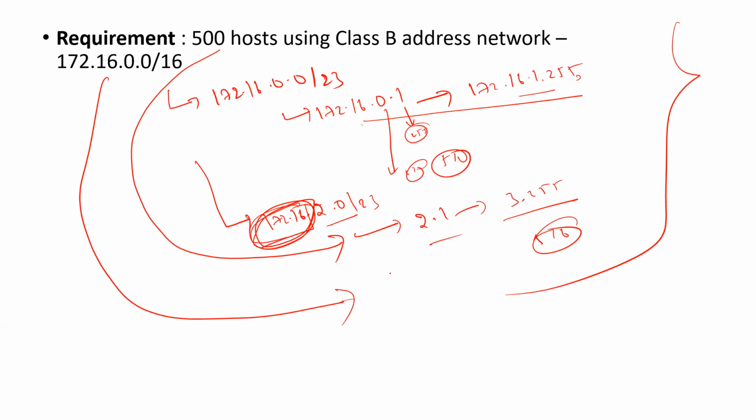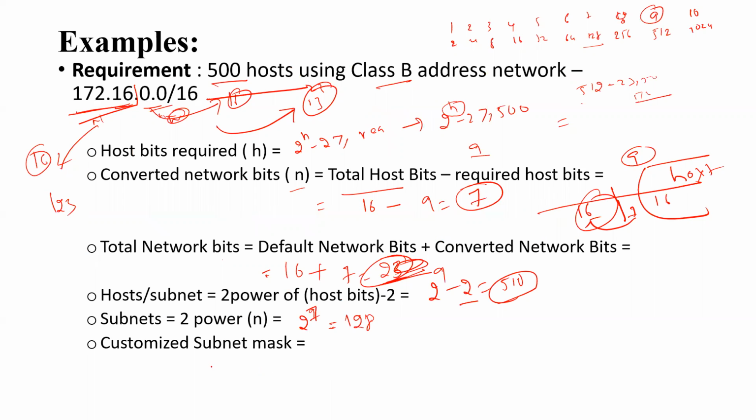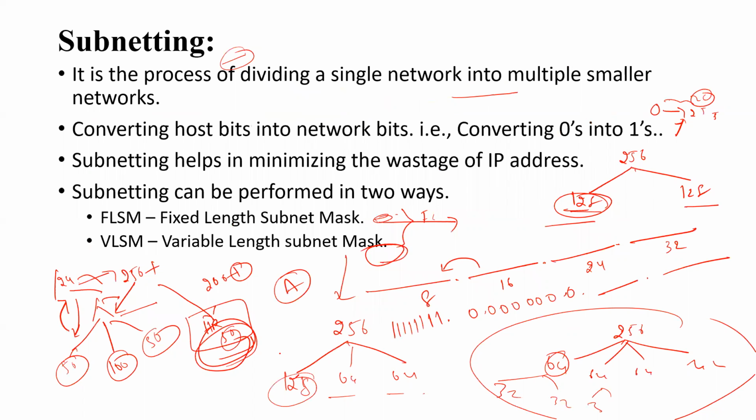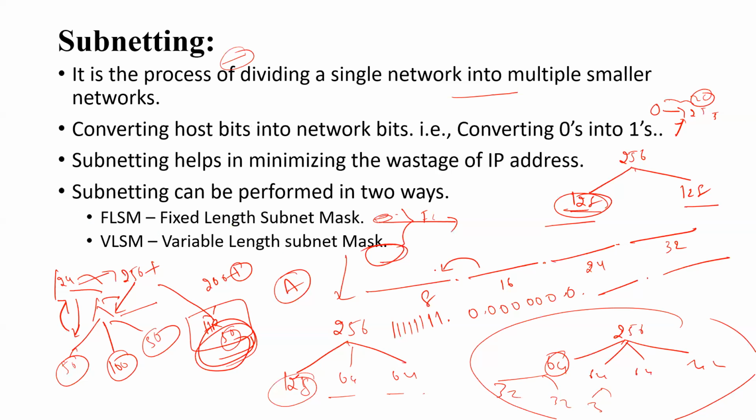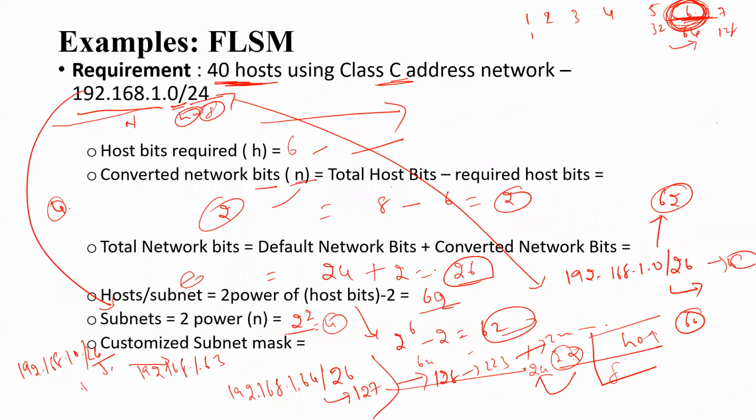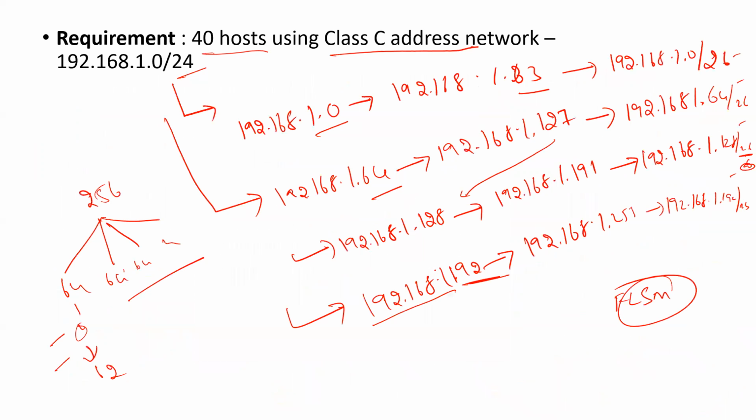One more thing, we have the subnet mask. How do we calculate the subnet mask? Here if you observe, 255 was showing, for class A, class B, class C. Let's see how to calculate the subnet mask for our requirements. Here we have divided this /24 into multiple /26 subnets.